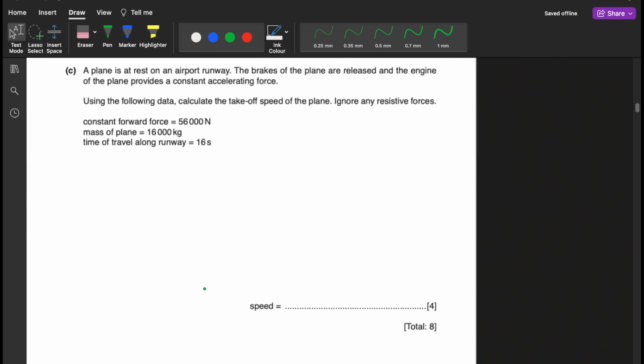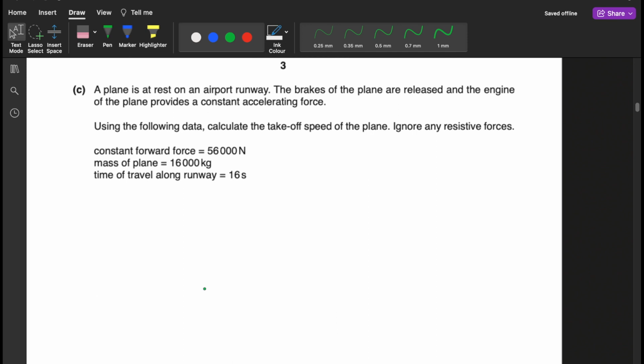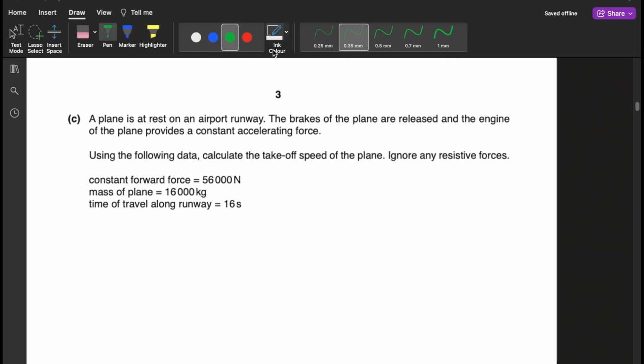Next question. A plane is at rest on a runway. The brakes of the plane are released and the engine of the plane provides a constant accelerating force.